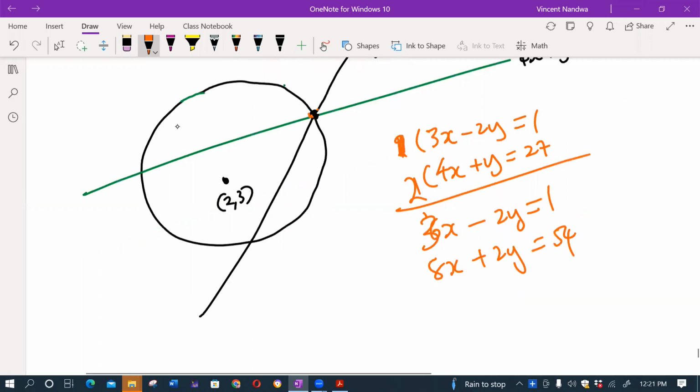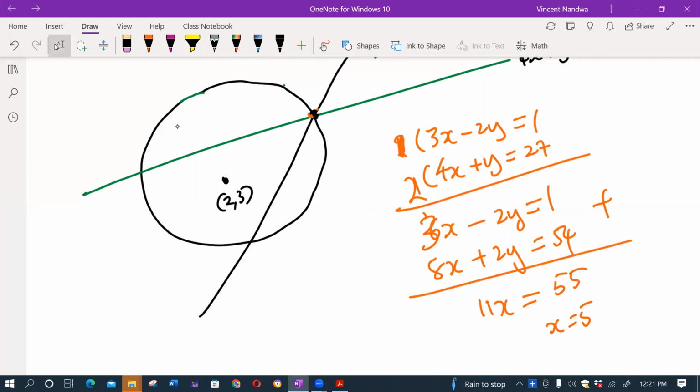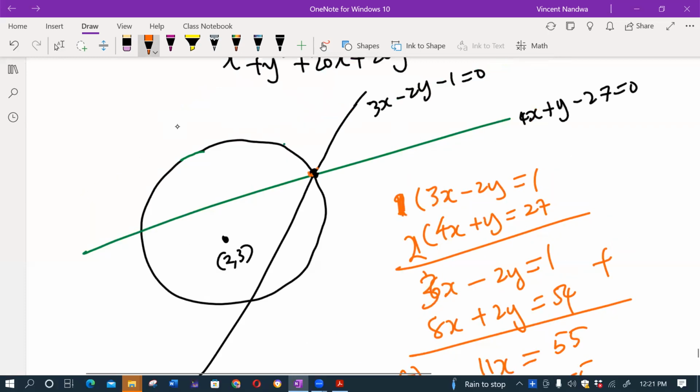Then I add the two equations: 11x equals 55, so x is 5. So y will be 27 minus 4 times 5, which is 27 minus 20, so y will be 7. The point of intersection is (5, 7).